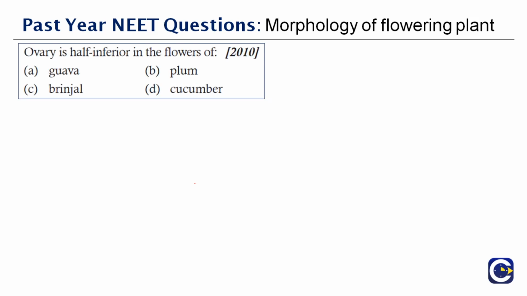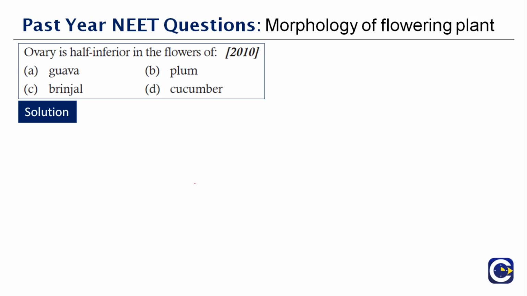Next question here. Ovary is half inferior in the flowers of dash, and this question was asked in the year 2010. So what is the function of the ovary now when it comes to a flower? Ovary, maybe you can just search for ovary in flowers or ovary in plants, whatever you put in.